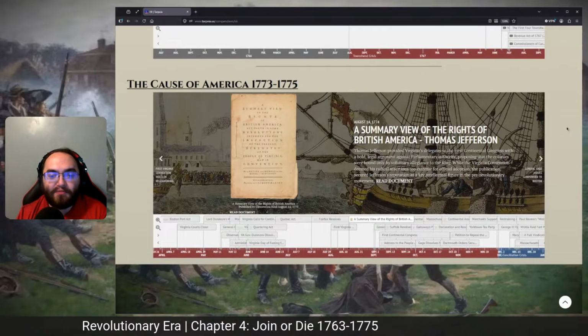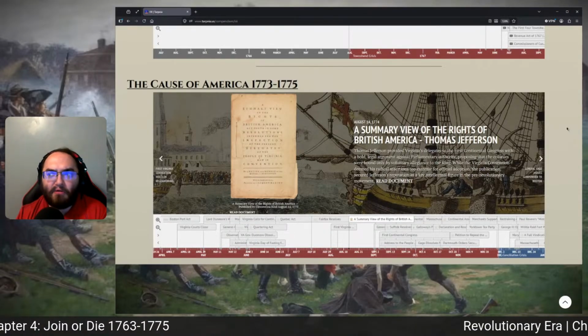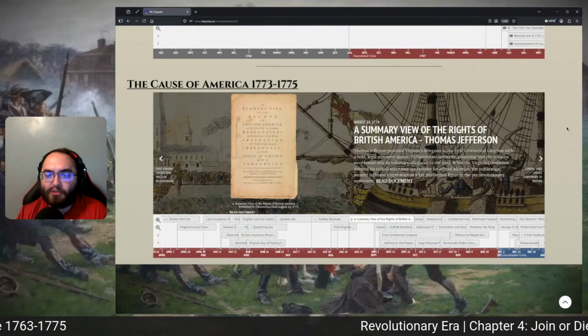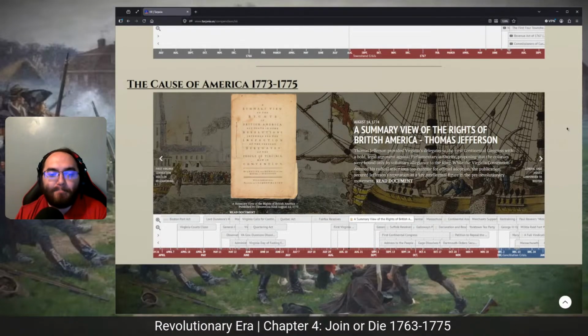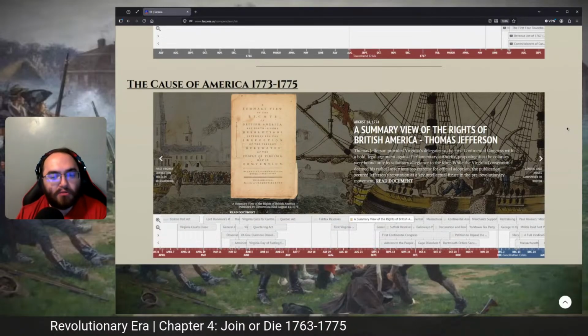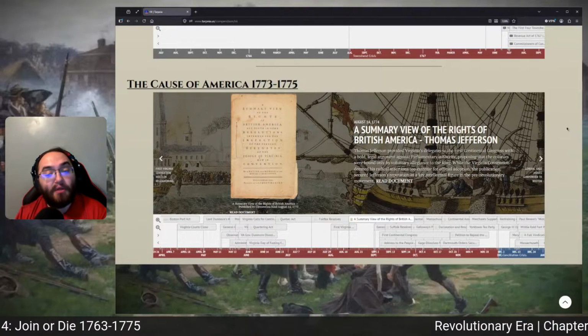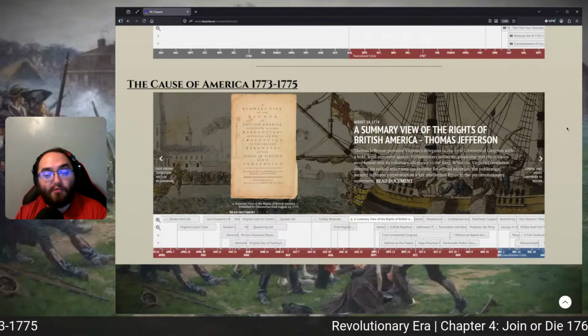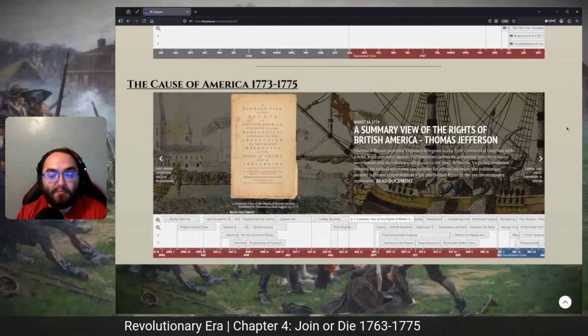And so Thomas Jefferson is writing this to get his name out there, but also as a resource that he hopes the First Continental Congress will use, which they don't, at least in the First Continental Congress, but it does make him popular, and for the Second Continental Congress, he will be chosen to write the Declaration of Independence.